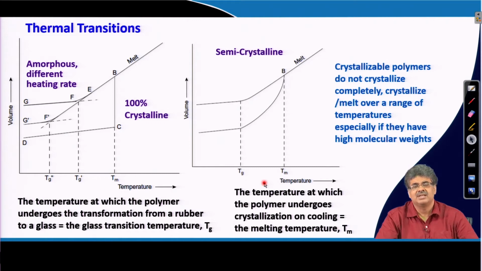That is called Tc or crystallization temperature, which is not a true transition per se. When we heat an amorphous sample, sometimes if the polymer structures are conducive, they can actually form crystal domains at a particular temperature, which we call Tc or crystallization temperature.